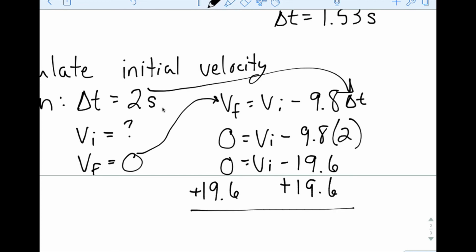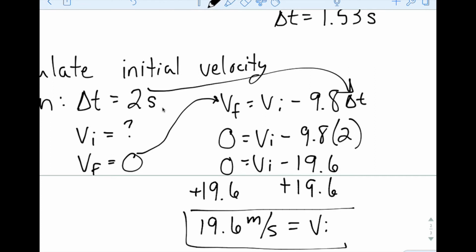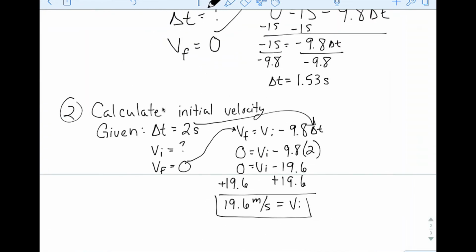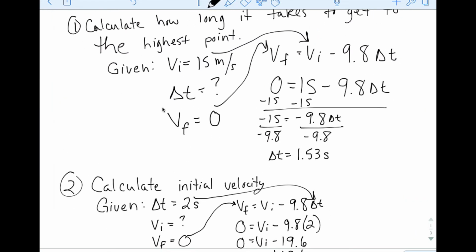And so now my VI is going to be 19.6 meters per second. There we go. So I can use it to calculate initial velocity, or I can use it to calculate delta t.